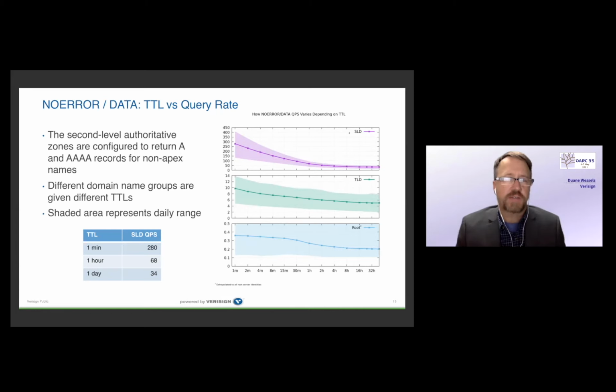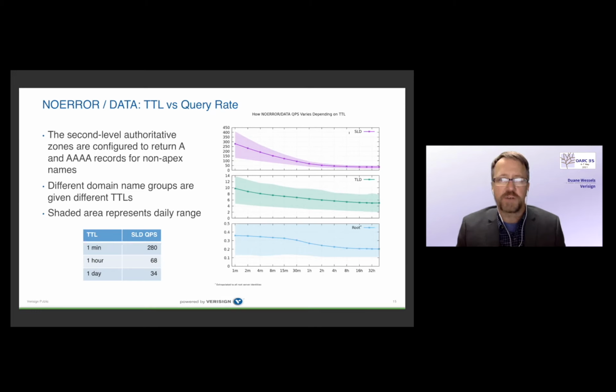So in these graphs, the shaded area represents the daily range, and the points represent the average over the whole week. Note that here the x-axis is the different TTLs represented logarithmically, right? So each tick mark basically doubles the TTL time.